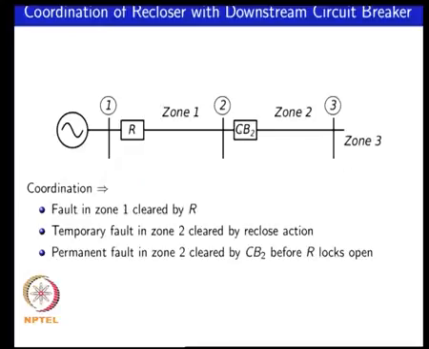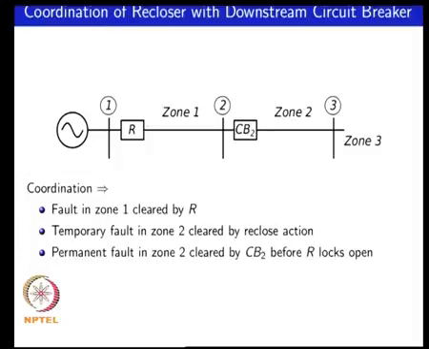Now, if you have a fault in zone 2, the question is, is that fault temporary or permanent? If you have a temporary fault in zone 2, then it can be cleared by the recloser by its reclose action. Okay. But if you have a permanent fault in zone 2, you want CB2 to open before your recloser locks open.